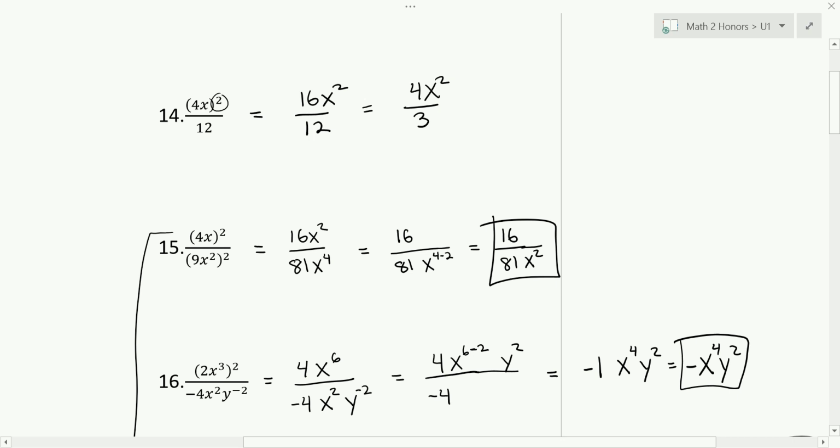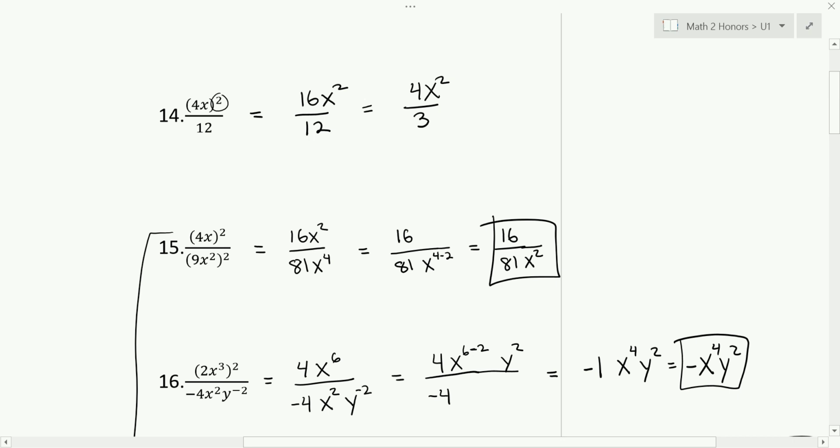Before you learned about negative exponents, if you had a negative number in a fraction, you didn't move it to the other side. You left it there. Okay. It's only the negative exponents that do that. That's the part you move up and down. So negative 4 is just a negative number. You do not move this up to the numerator and make it a positive 4. You leave it there. Okay.